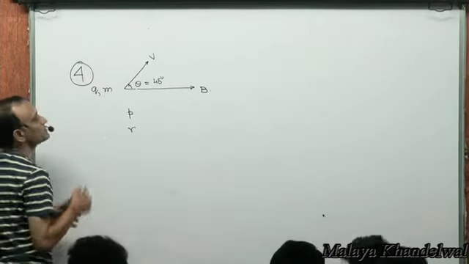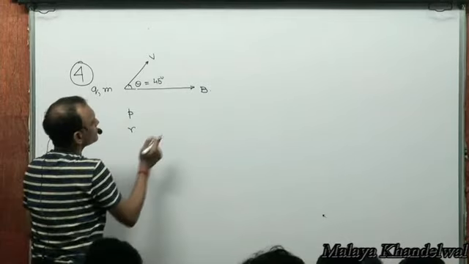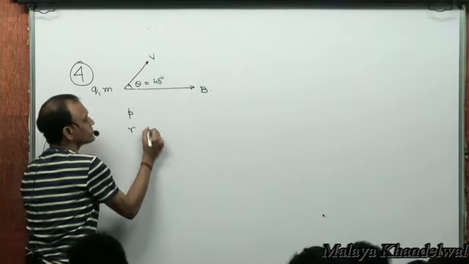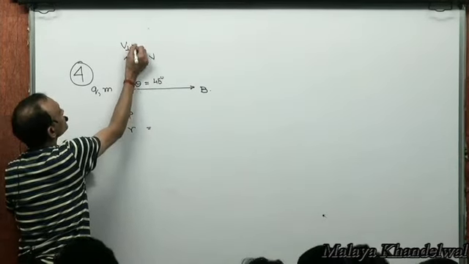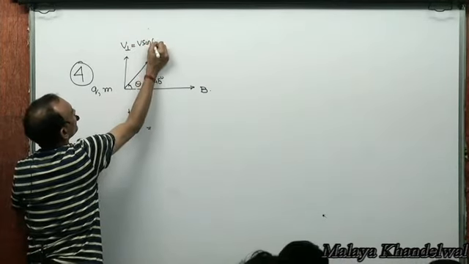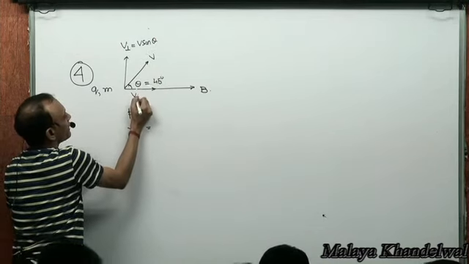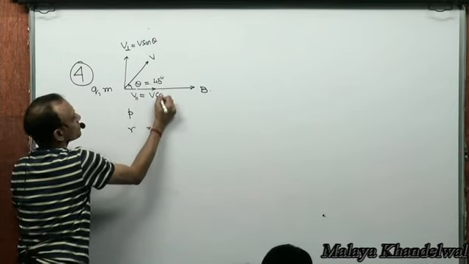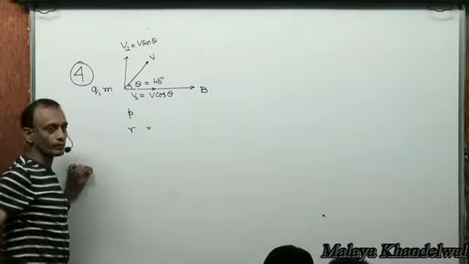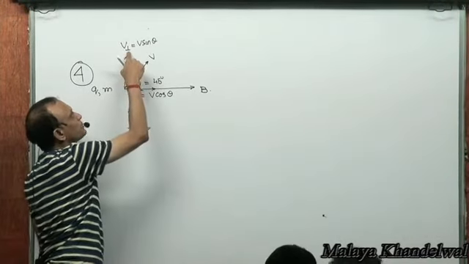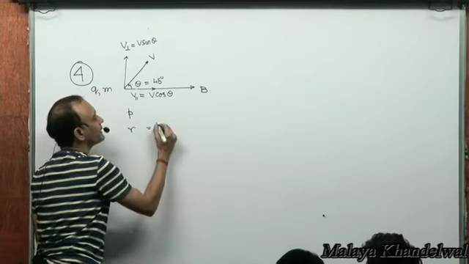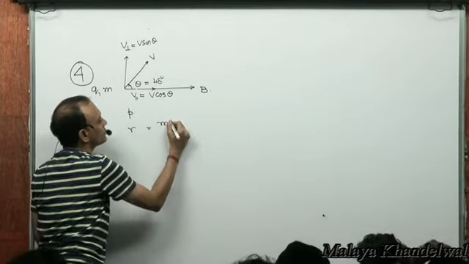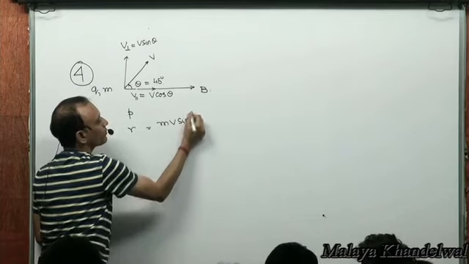Now, extremely simple. Realize that there is a V perpendicular, which is V sine theta, and a V parallel, which is V cos theta. This perpendicular component along with B will produce a circular path, and the radius is going to be m V sine theta by qB.